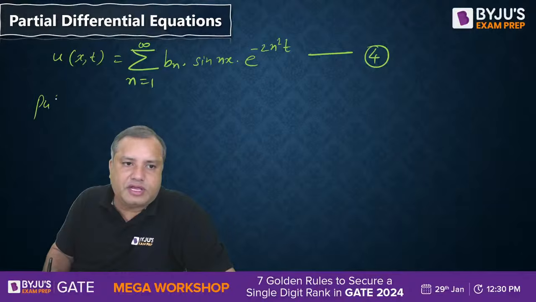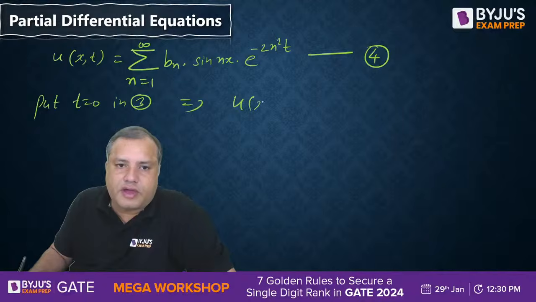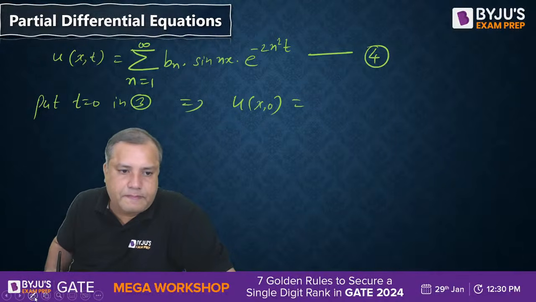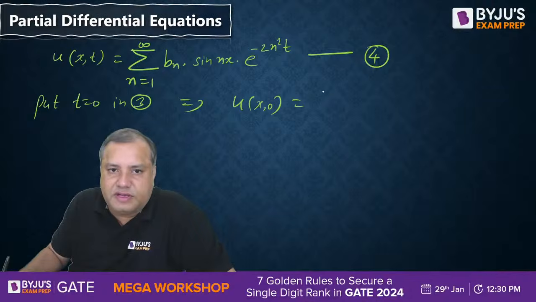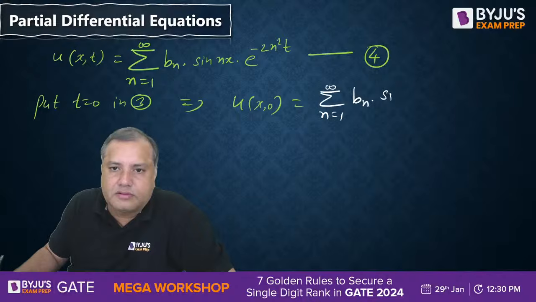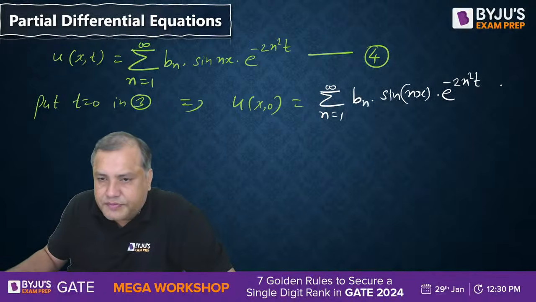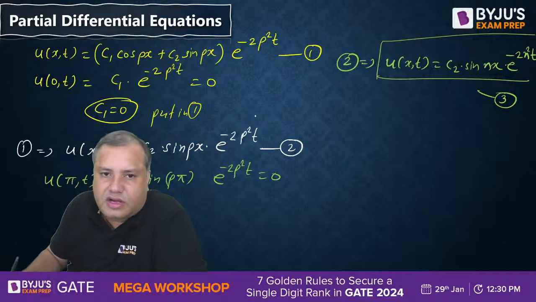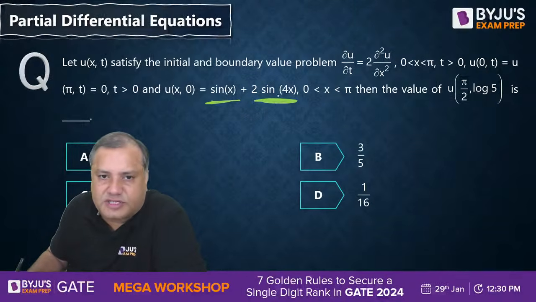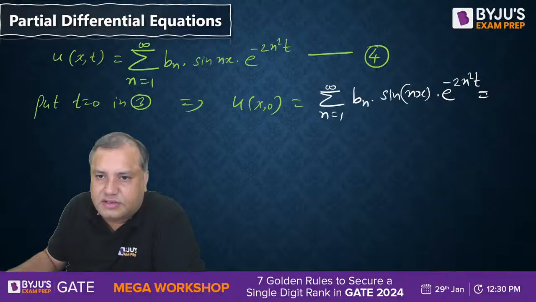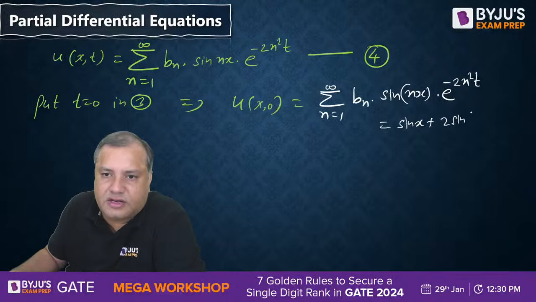Now here I am putting t equal to 0. So u of x comma 0 will be summation n equal to 1 to infinity bn sin nx e to the power minus 2n squared t, and this is given as sin x plus 2 sin 4x.